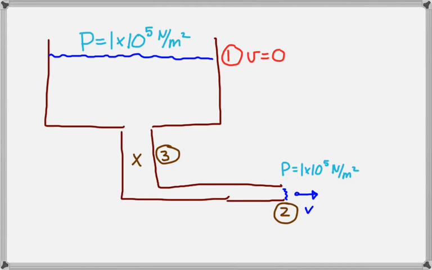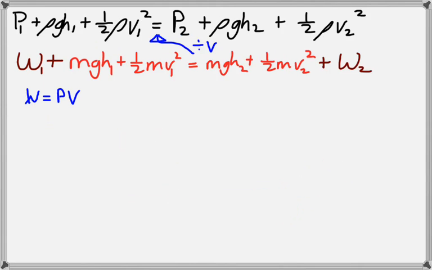So question. Between point 1 and point 2, is energy being conserved? So go back to Bernoulli's equation. In Bernoulli's equation, what's the term that is doing work? Pressure.